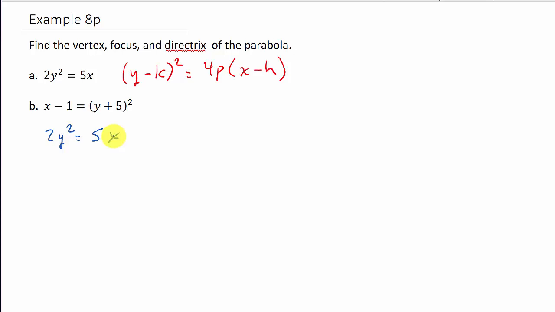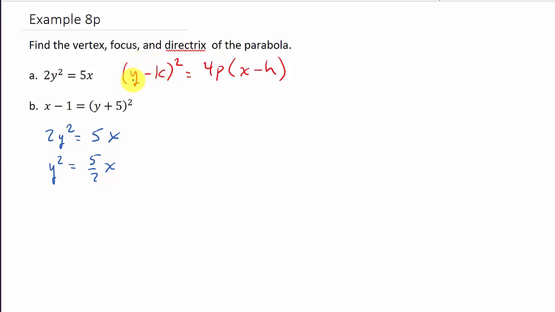To get it into this form, it's almost there, but not quite. We have a number in front of our squared part. See where the y is squared? We have a number in front, so we're going to divide both sides by 2. That's going to give us y squared equals 5 halves x. Now we have y squared.